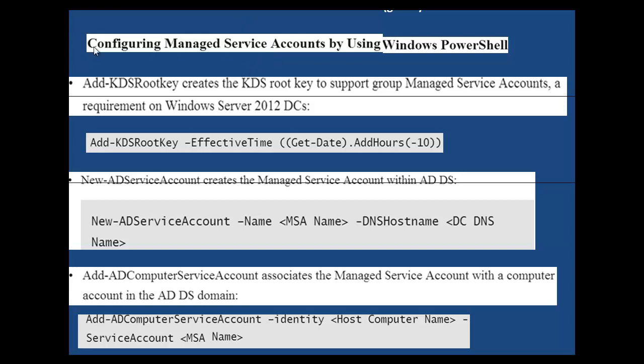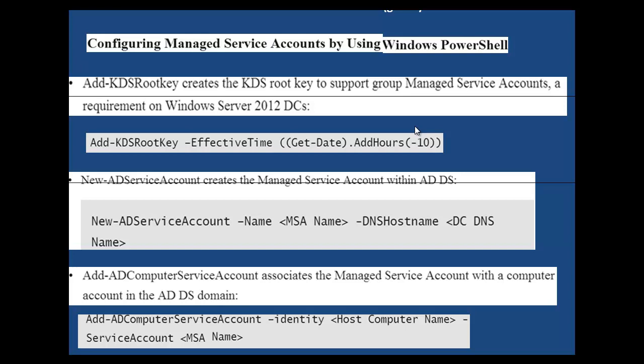And to create the root key, we have to run this command: Add-KdsRootKey -EffectiveTime (Get-Date).AddHours. So that's the first thing that you need to do when you want to create a group managed service account. You have to create that root key.